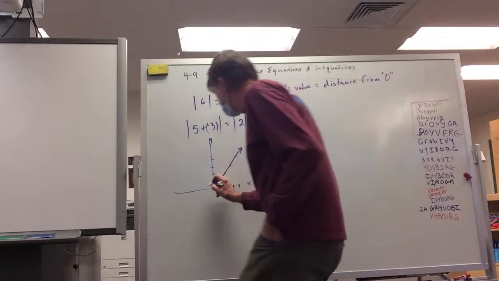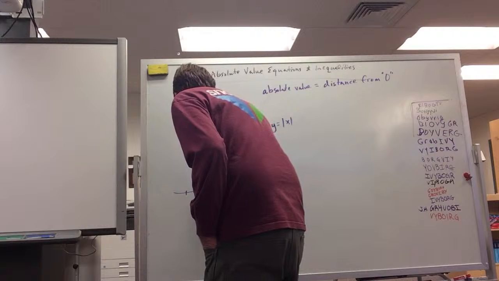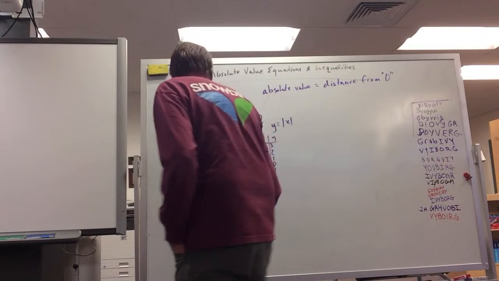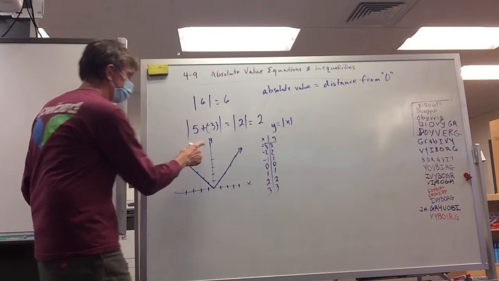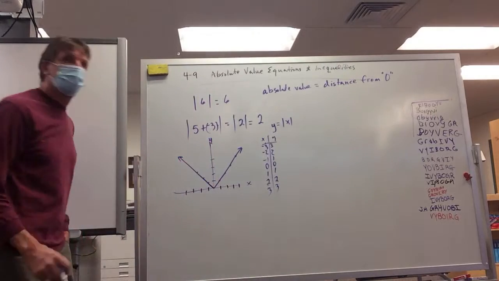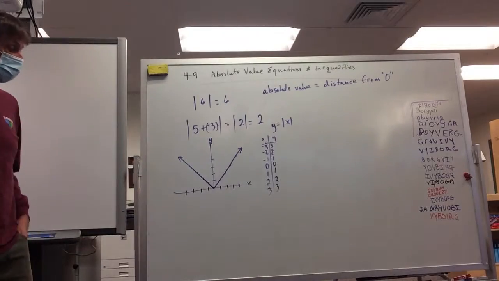And then if we did the negative side, it's going to be like this, because we always have a positive value when we come out of the absolute value bar. So that's kind of a simple review of what absolute value is all about. That's what the graph looks like right there.